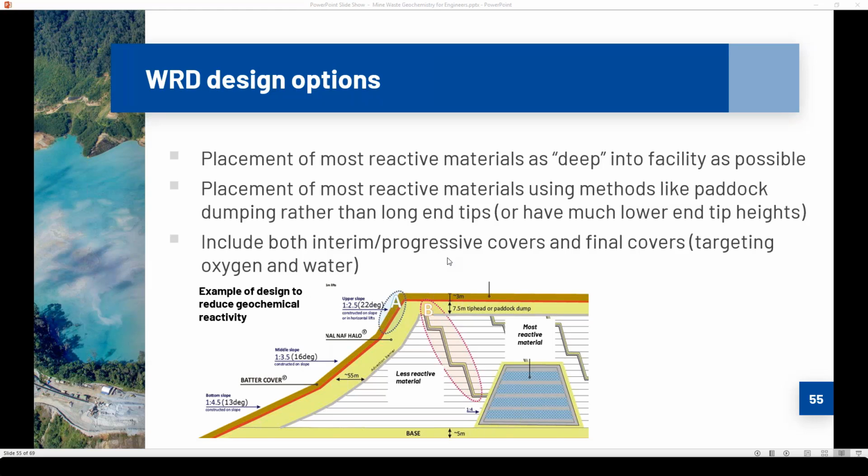So typically what we would do is place the most reactive material in the guts of the waste rock dump, and we will have interim covers as well as final covers to reduce the reactivity. What modeling like this also shows us is that by disrupting those paths, we can reduce the reactivity of the waste. So in other words, by having lower lifts or by using different dump placement methodologies, we can reduce the availability of oxygen and therefore the reactivity of that waste.